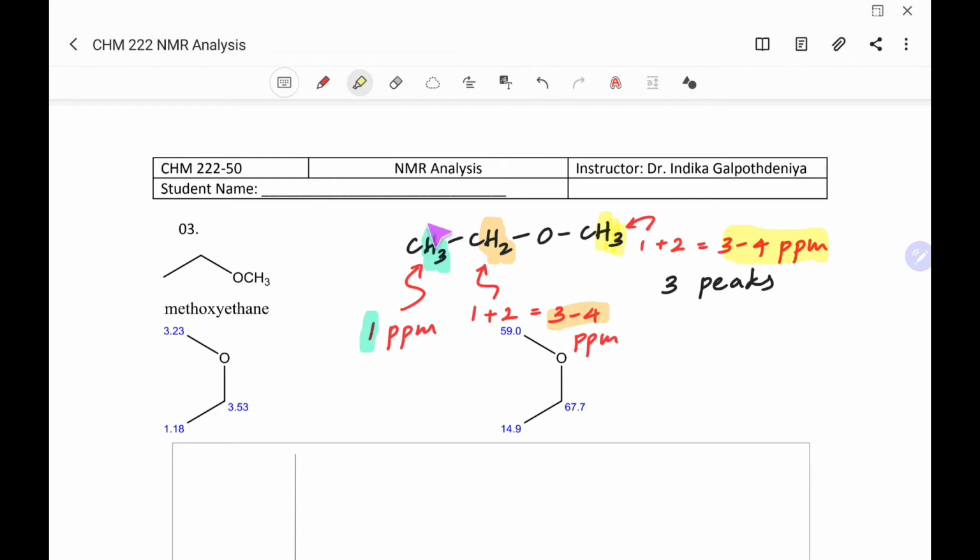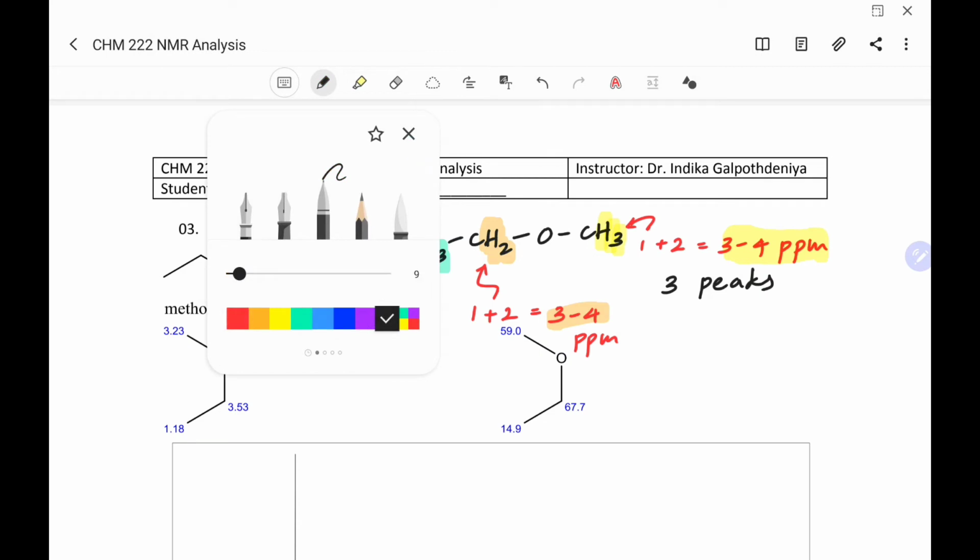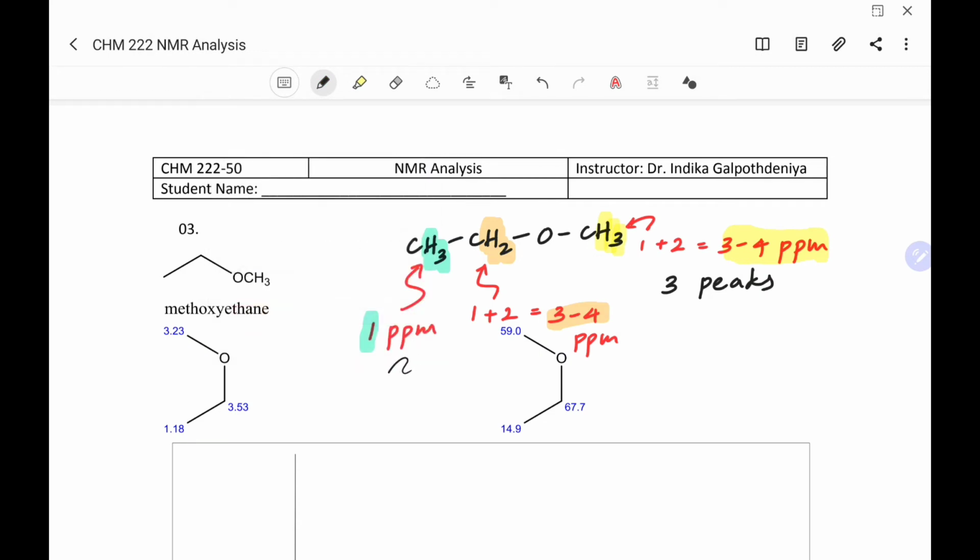For these 3 hydrogens, you have two neighboring hydrogens. According to the n plus 1 rule, this will split into 2 plus 1. According to the n plus 1 rule, the CH3 peak will be a triplet.